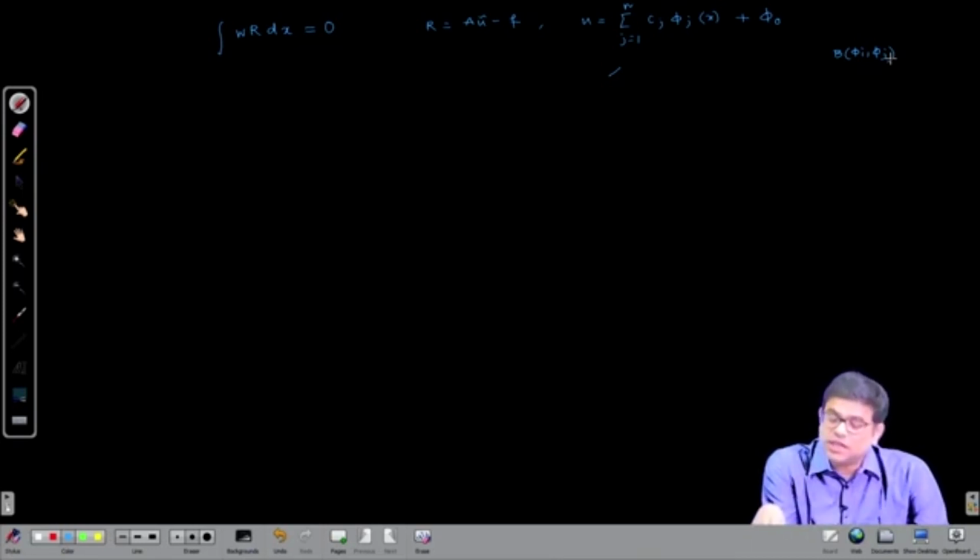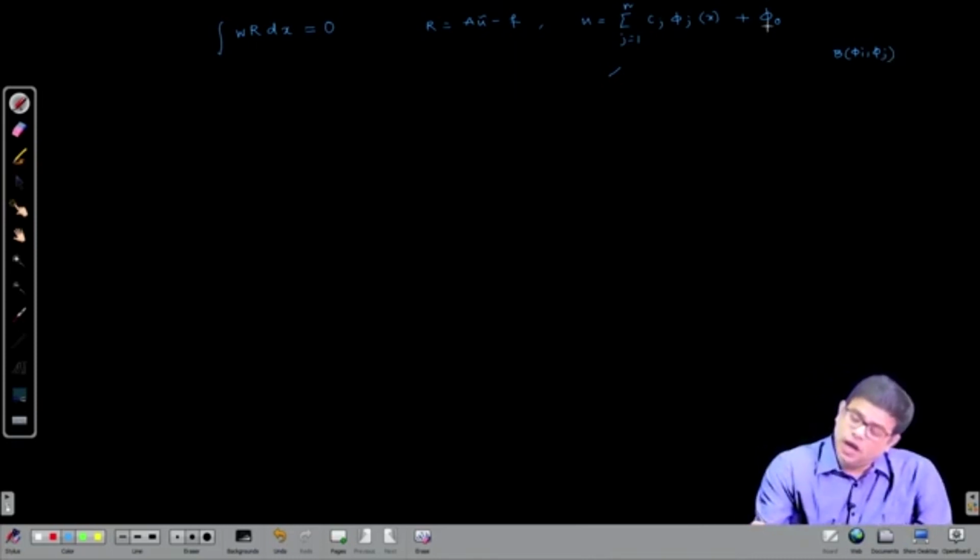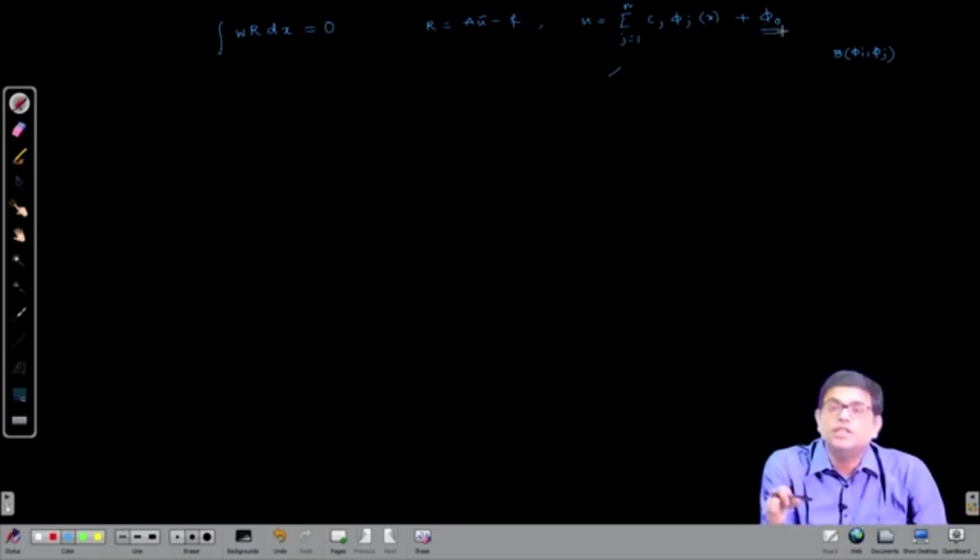Now this condition will be different here. Here also phi j should be a complete polynomial, and phi j should satisfy the homogeneous boundary conditions, because the non-homogeneous part, phi 0, takes care of that.